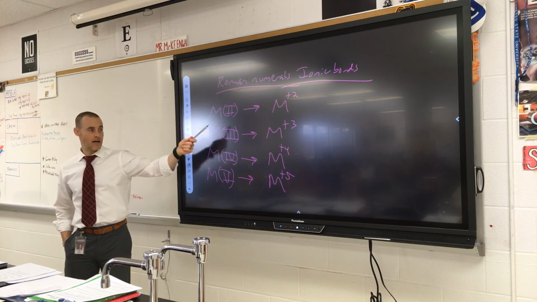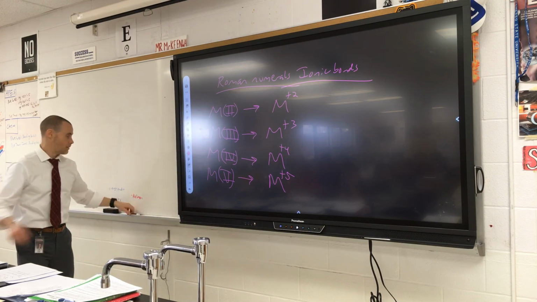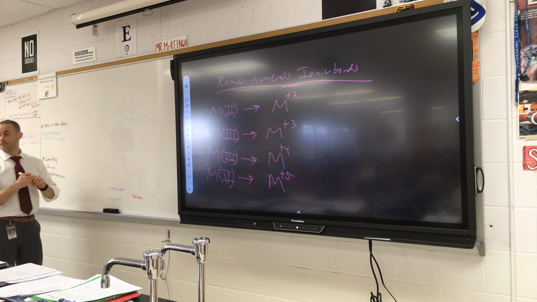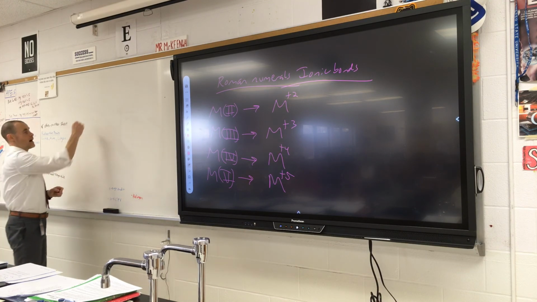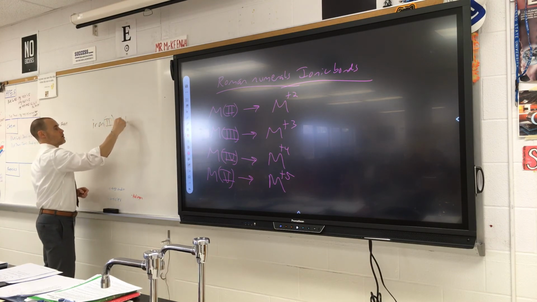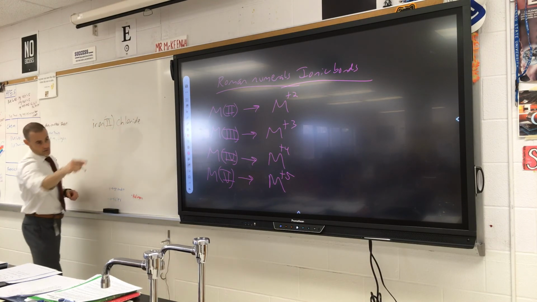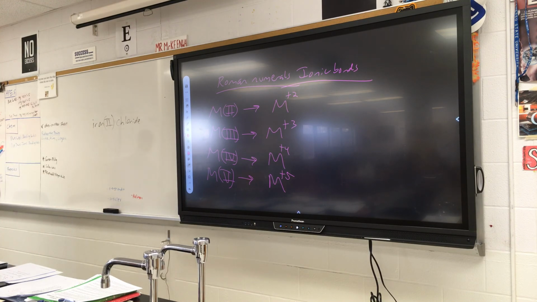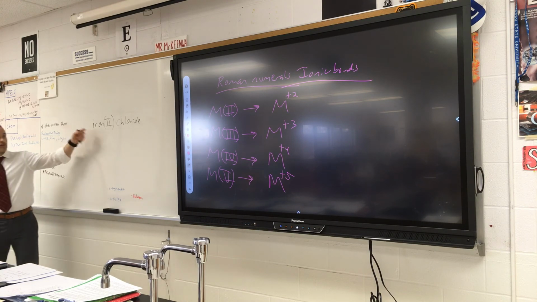Whatever it is. Okay? So how is this useful? So does that only work for metals? Just metals. So if I give you the compound iron 2 chloride, write this down underneath those. That's how we say it. We don't say iron Roman numeral 2, we say iron 2. Iron 2 chloride.